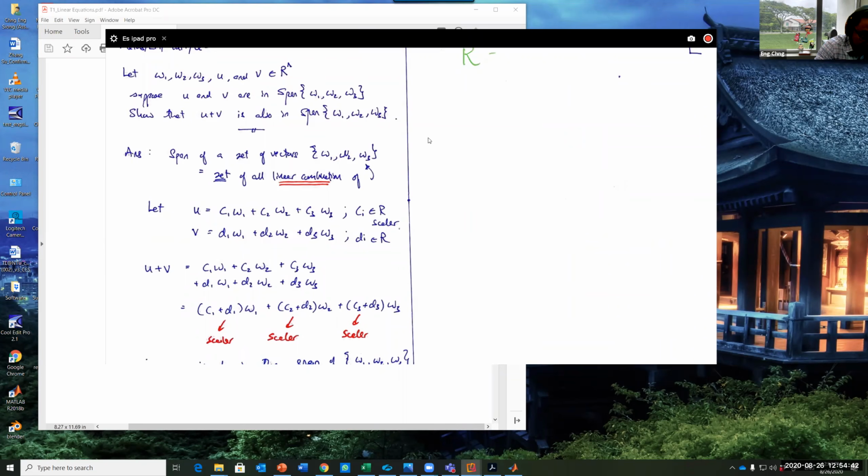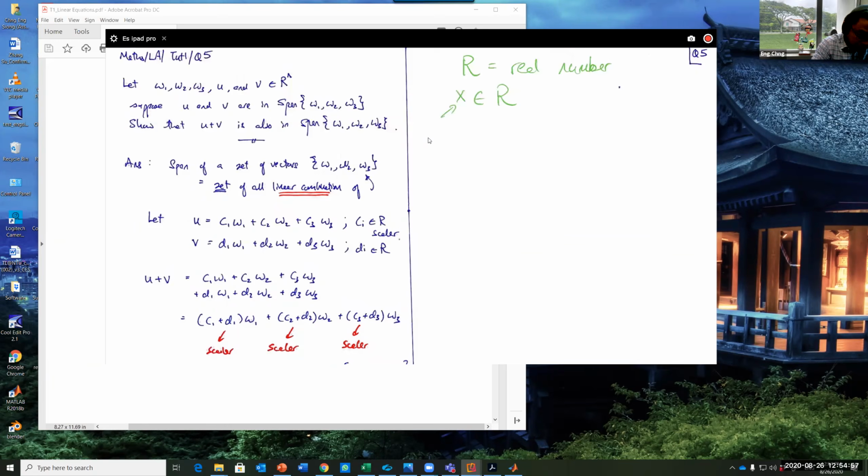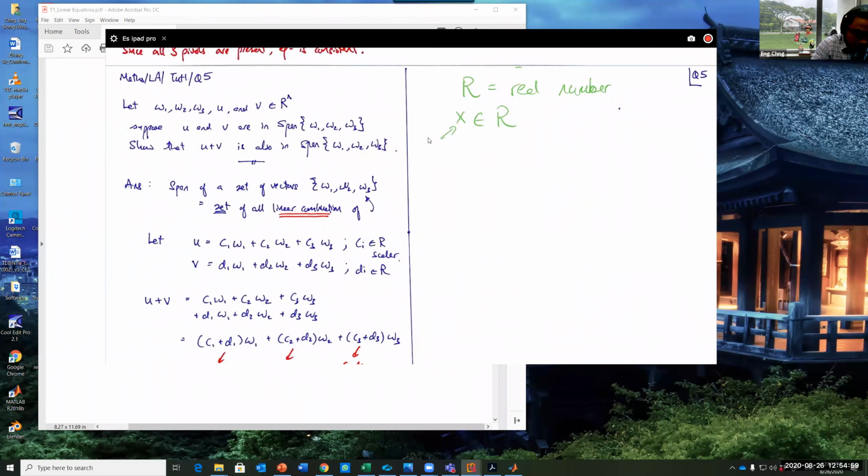R is the real numbers. When I use the notation X belongs to R, it means the variable X is a real number. Here is belongs to, okay? And R here is the set of real numbers.